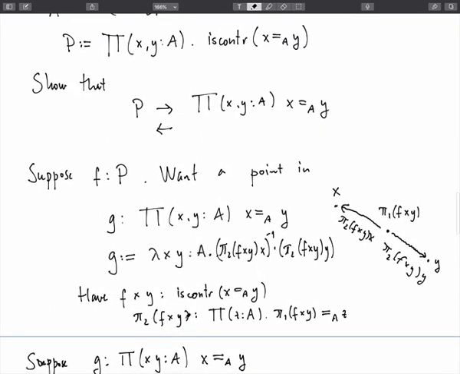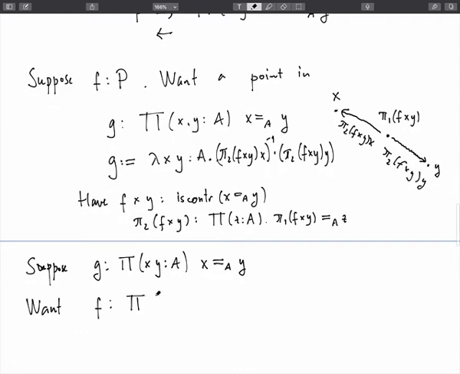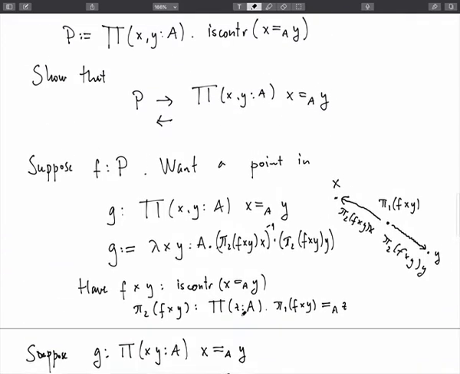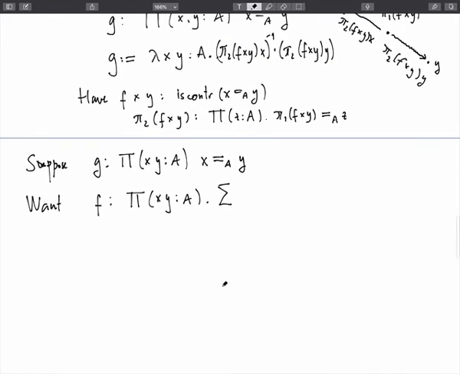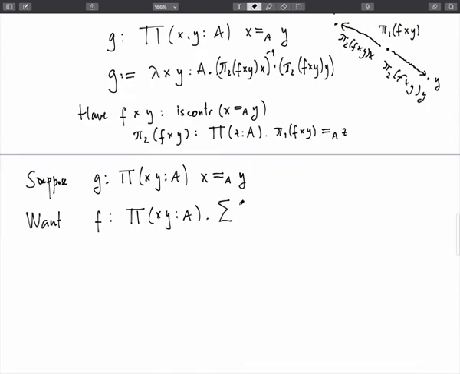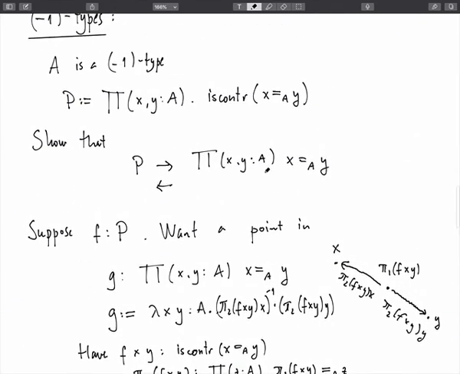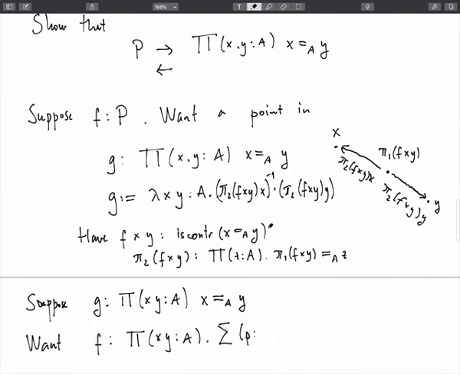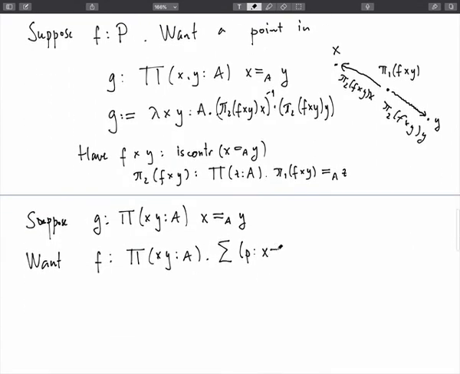P is the product over x, y of is-contractible (x equals y). Let me plug in the definition of is-contractible. There exists a path from x to y such that for every other path from x to y, p equals q.